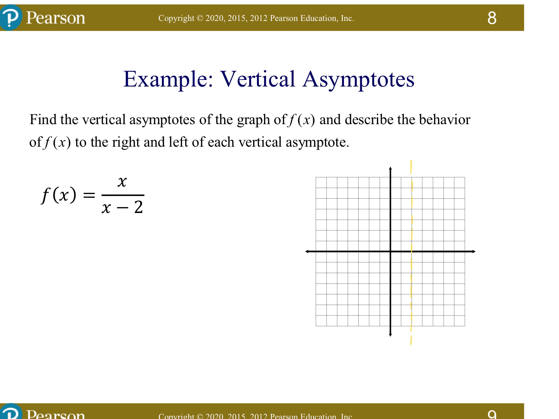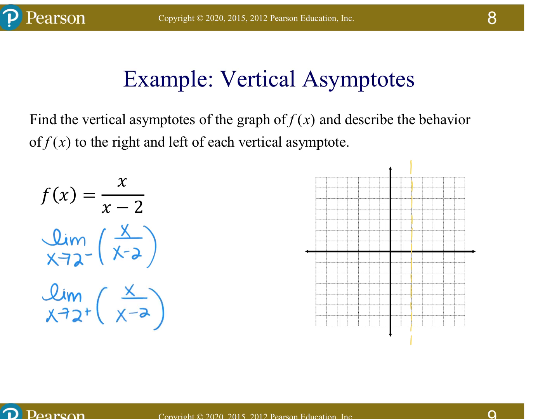So we would want to check, what is the limit as I approach 2 from the left of x over x minus 2, compared to the limit as I approach 2 from the right of x over x minus 2. So we'll check that out.